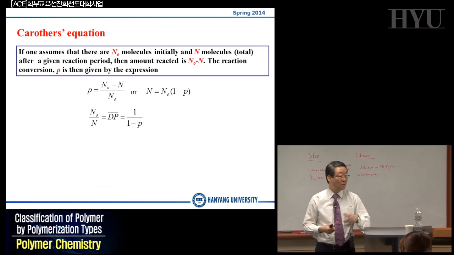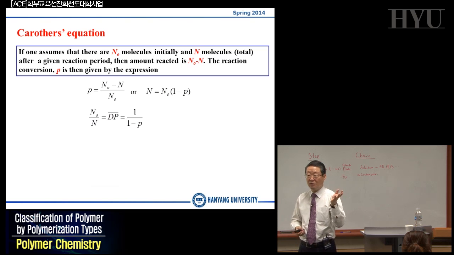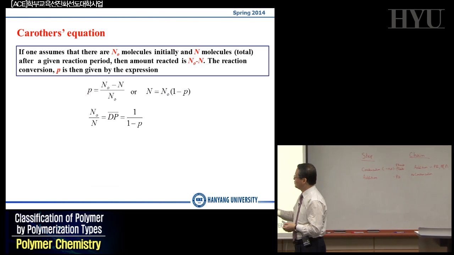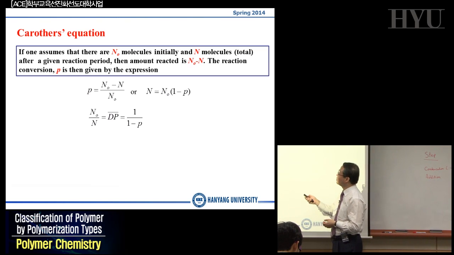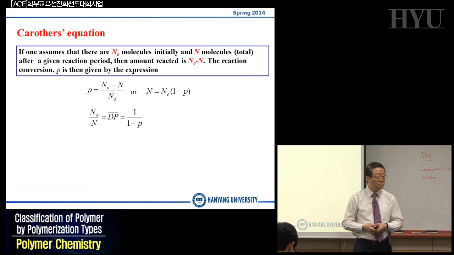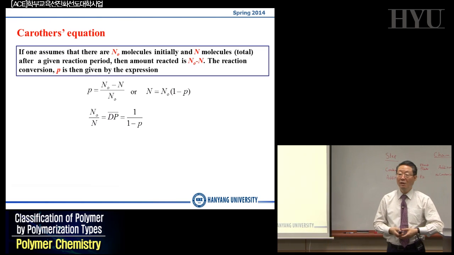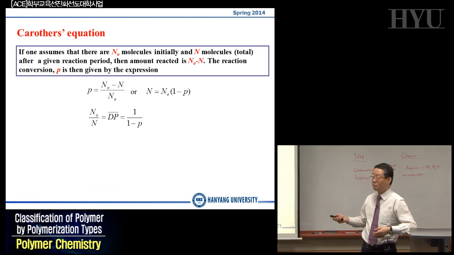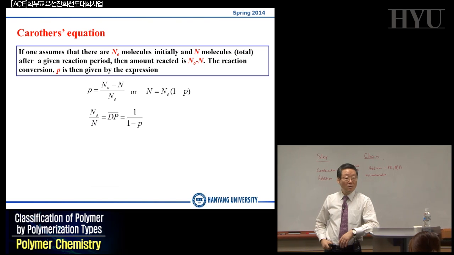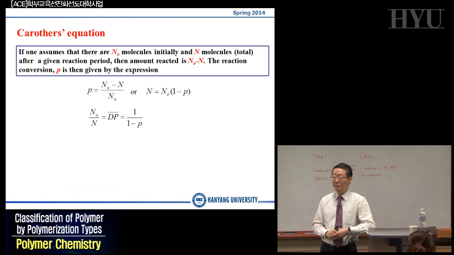Now, let's define the degree of polymerization. The degree of polymerization, according to Carothers, is very simple: the initial number of molecules divided by the number of molecules at a given time t.